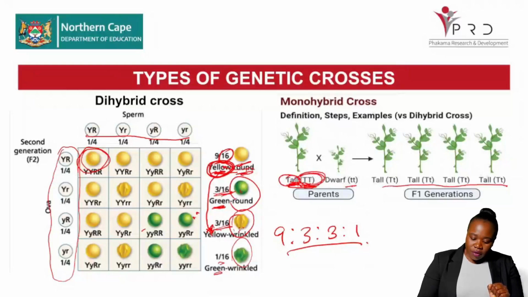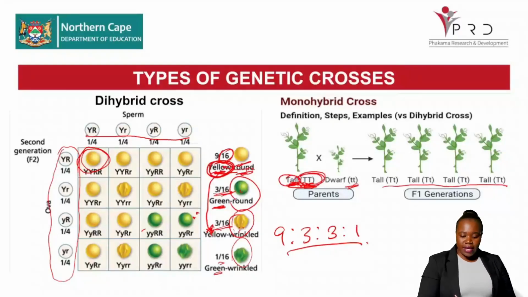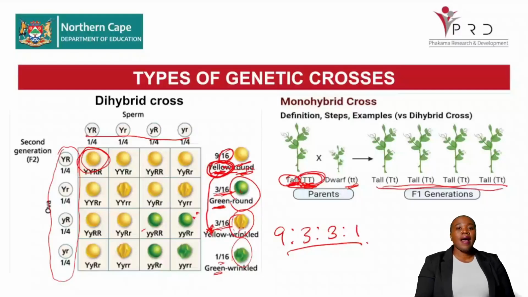So we have crossed a tall homozygous individual with a dwarf homozygous individual. Remember, dwarfness here is recessive. The recessive characteristic can never be heterozygous. The recessive characteristic is always homozygous. Now, what do we see in our offspring? All the offspring are heterozygous tall.